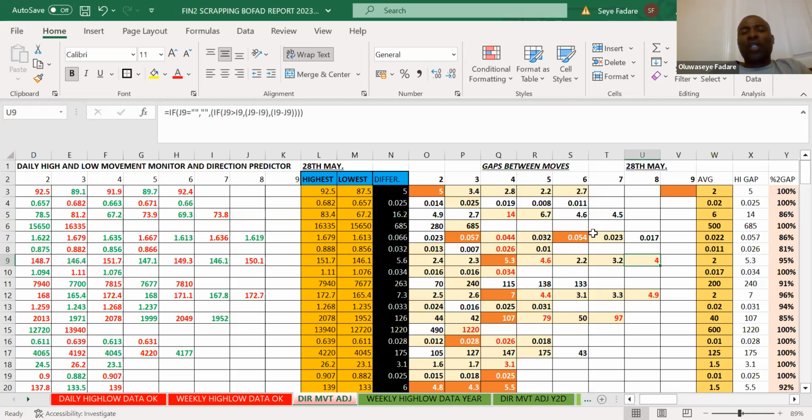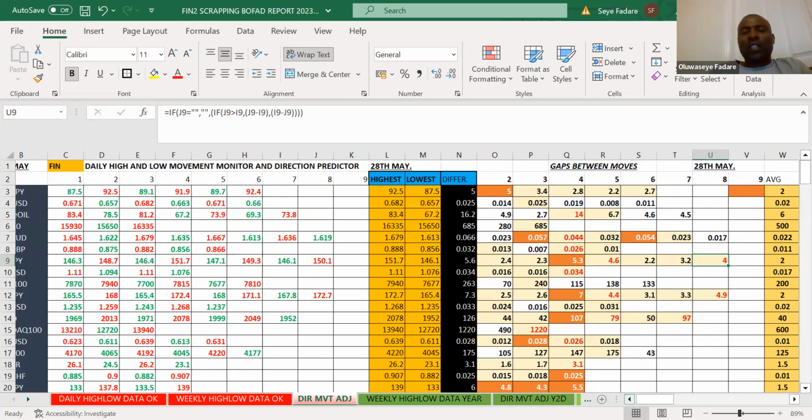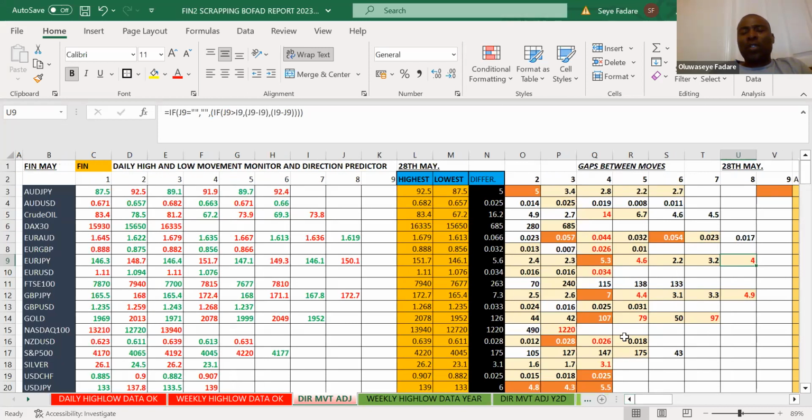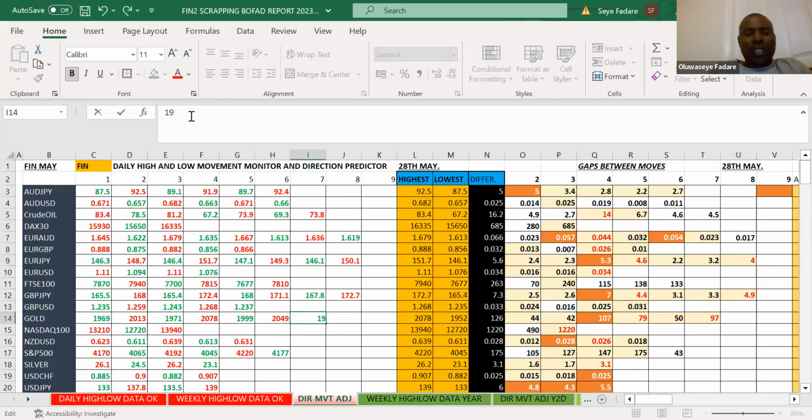And whenever we have the red, it shows that it has more potential of making more profitability than the black. Okay, so that is how this template has been designed to understand what market is good, what market is viable, and which market gives us a better opportunity at every point in time.